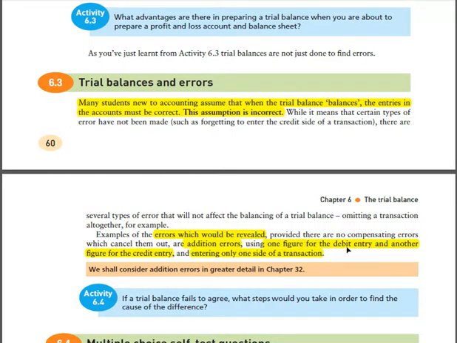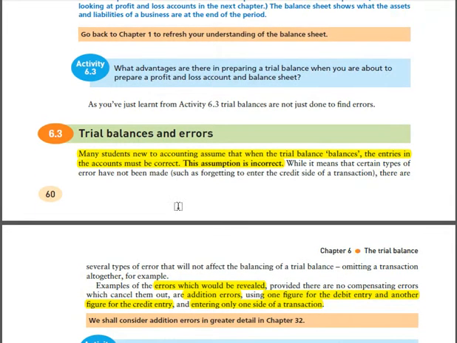The second would be to go through all the entries and see whether you have taken both sides and recorded both sides in the accounts, and then the figures that you recorded were of the same amount.